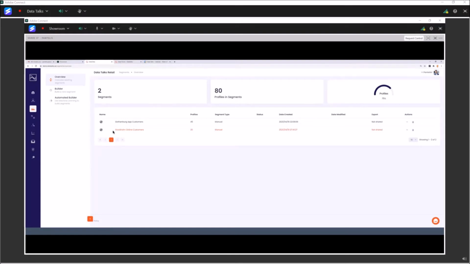So what we want to do here is create a segment. The use case is that we want to identify the most favorite category of products for people that buy through the app in Stockholm.